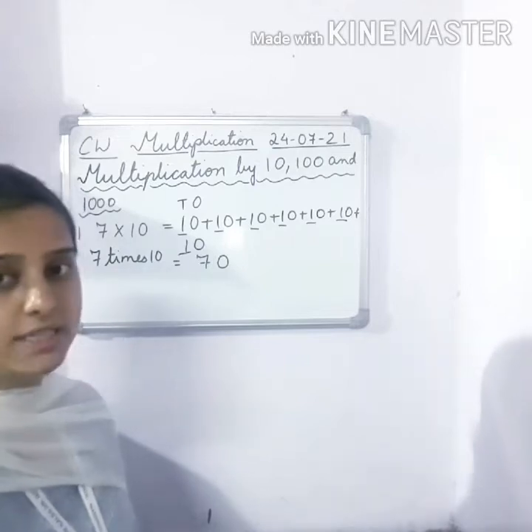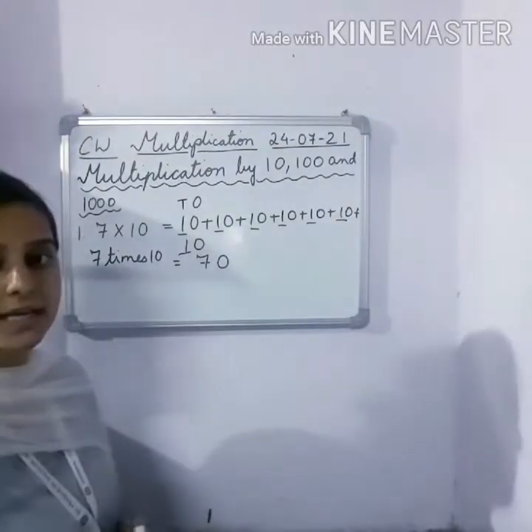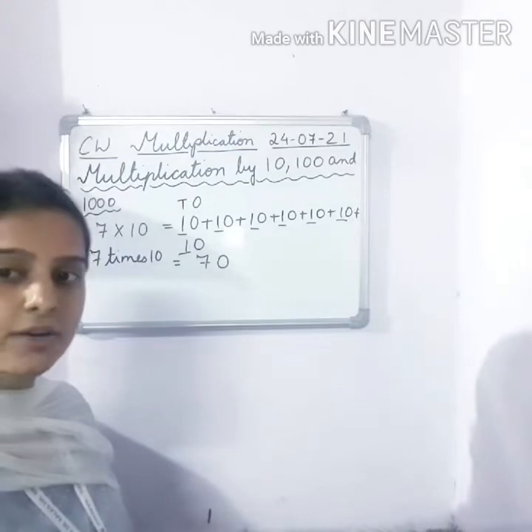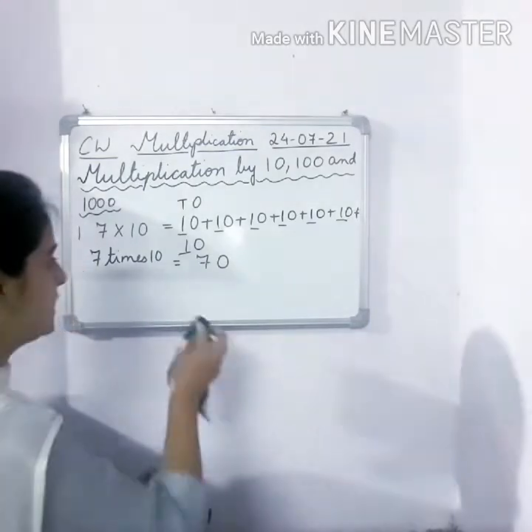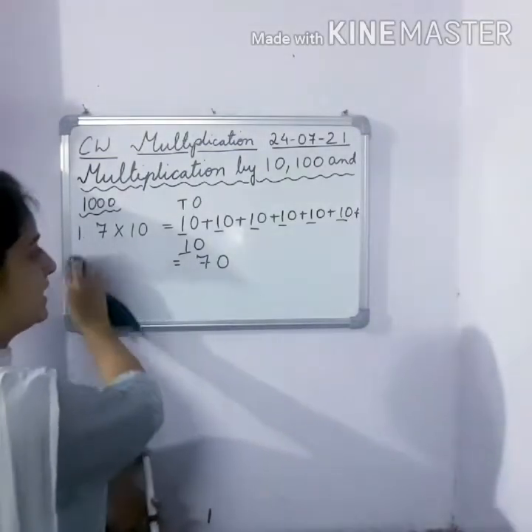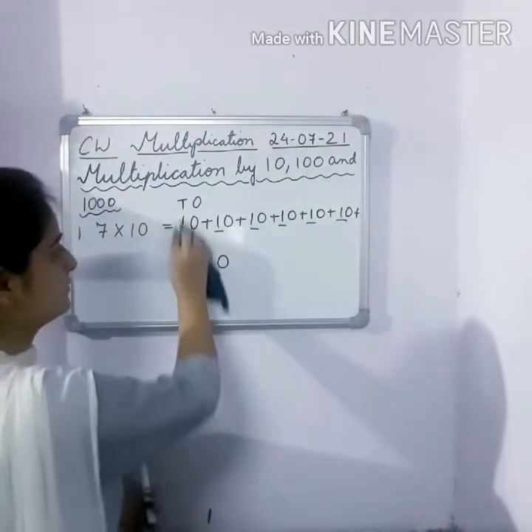Now I will teach you how we can multiply by 10, by 100, by 1000. This is by repeated addition.